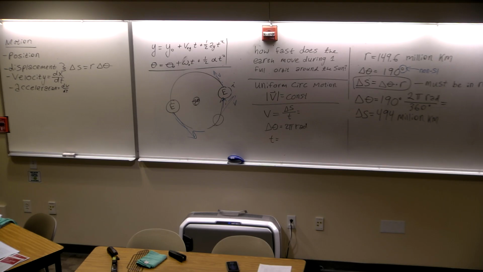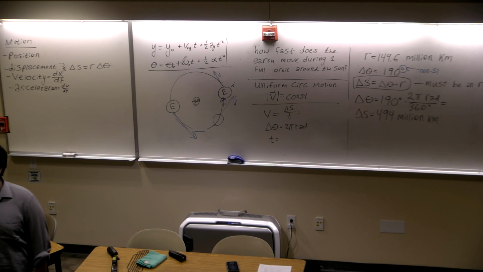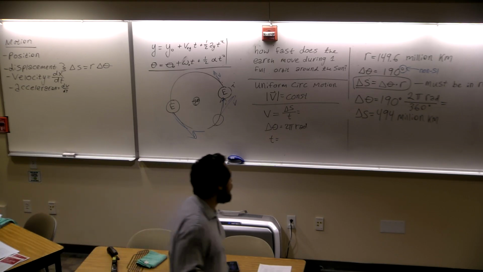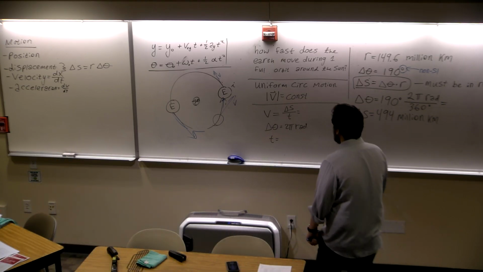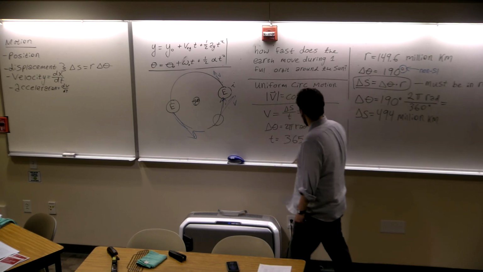Now, pop quiz, how long does it take for the Earth to move around the sun? 365 days, well, kind of. Every 4th year, how long does it take? 366 days. We get an extra day in those leap years. Why is it that we get that extra day? That's because the period for the Earth to go around the sun is actually about 365 and a quarter days.